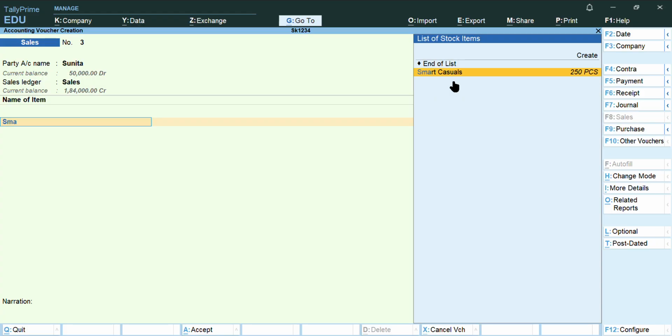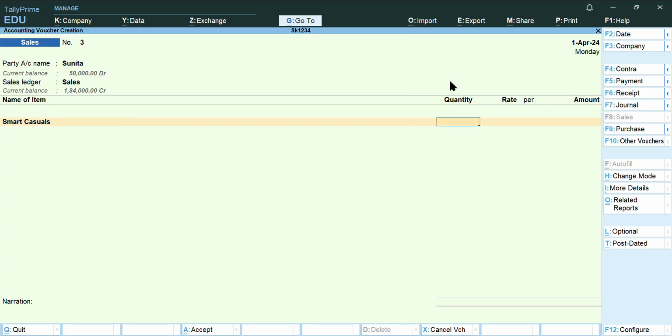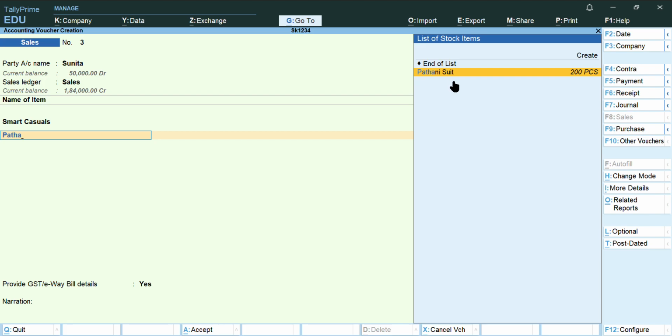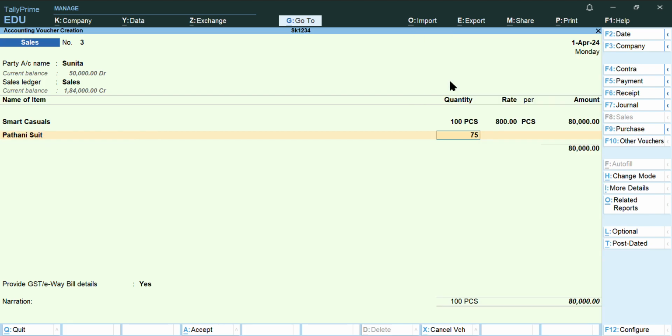Smart casuals, 100 pieces of 800 rupees. Next is Pathani suit, okay, 75 pieces of the price 1500.